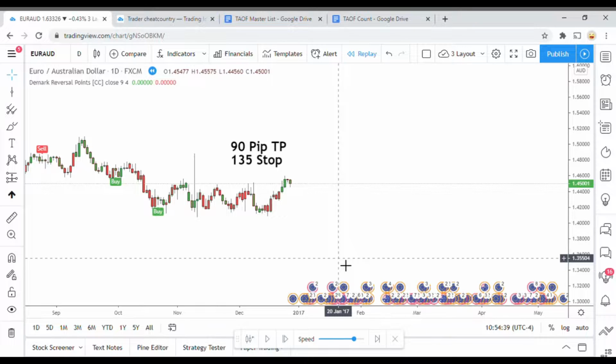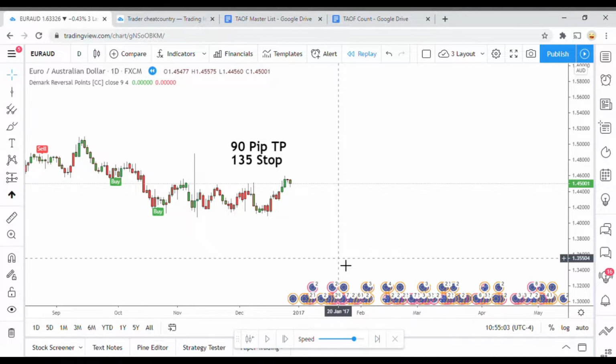Also, I think they said it is based off the Dmarc sequential indicator, which again we haven't tested, but maybe we can give that a shot at some point as well.